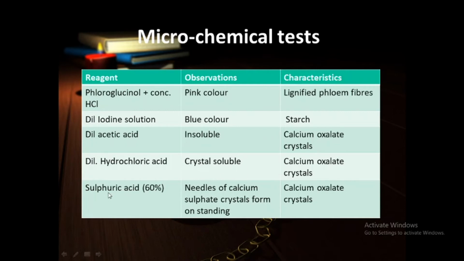And in presence of 60% sulfuric acid, the calcium oxalate crystals are converted to calcium sulfate crystals. Needle shape calcium sulfate crystals are formed, which indicates the presence of calcium oxalate crystals in cinchona.